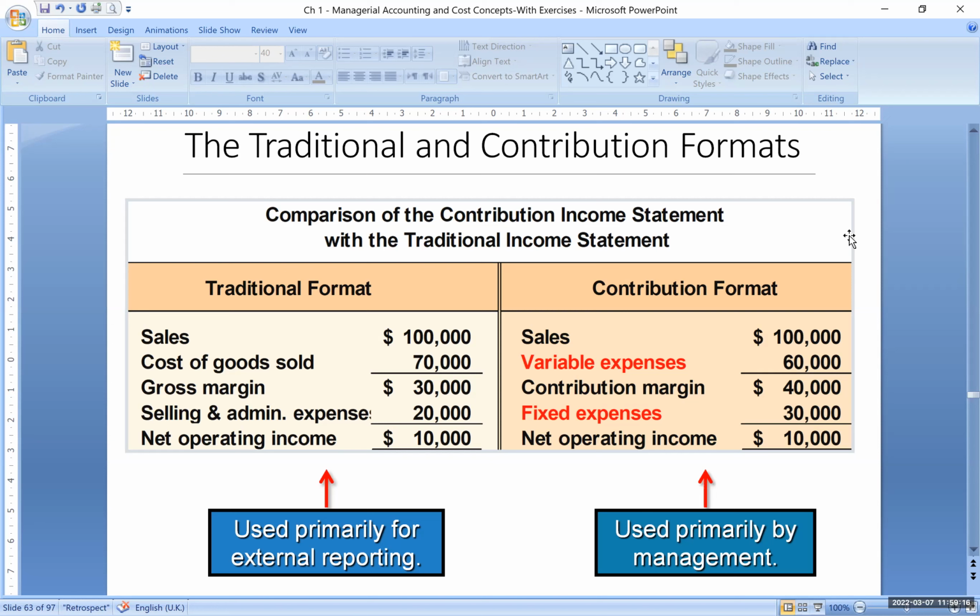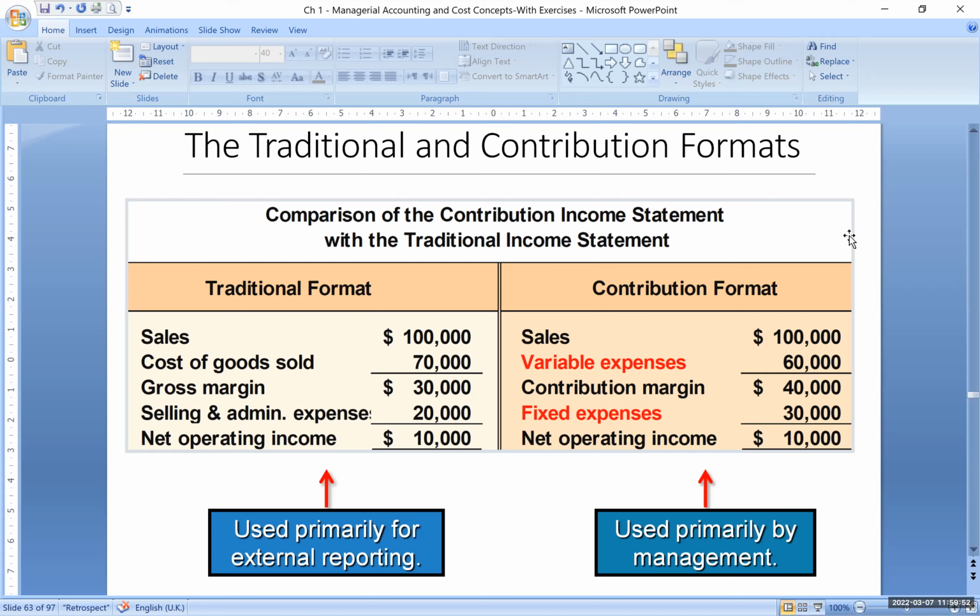If I ask that question now, out of the 70,000 for the traditional format, what is the fixed and the variable components for the cost of goods sold? For the external users, it is not important to identify the fixed components and variable components. They are considering the net operating income, or let's say the gross margin, and the importance of the selling and administrative expenses.